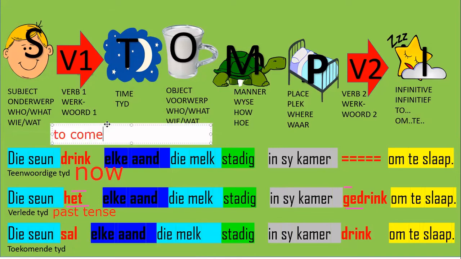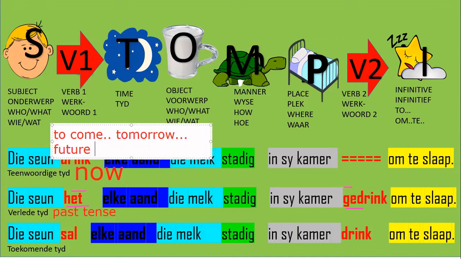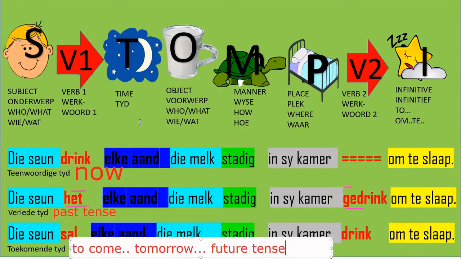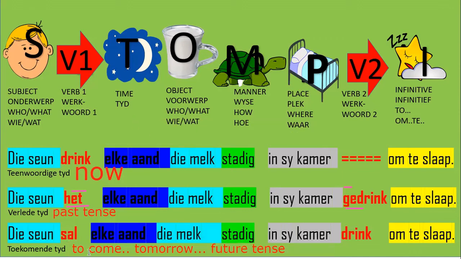To come is toekomende tyd of tomorrow. Teacher Tiela, tomorrow. To come tomorrow of dit is in the future. Future tense. So this is the future tense. To come tomorrow. We put it at the bottom. Toekomende tyd. Kan julle sien?